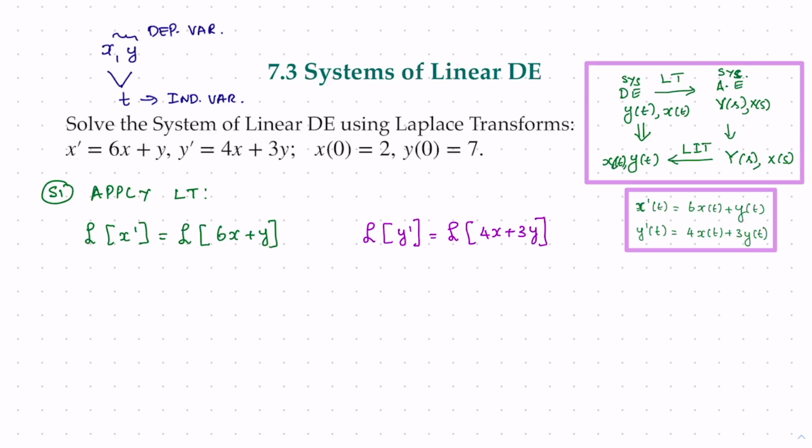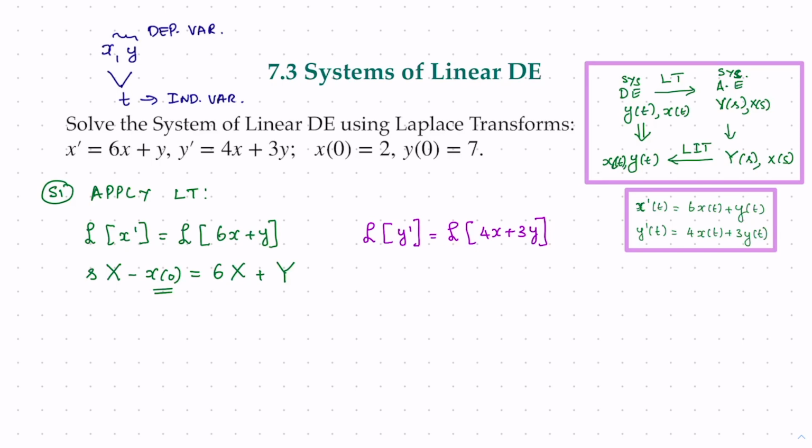If I apply the Laplace transform using the transforms of the derivatives, this would be s times the capital X minus x of 0, which is equal to 2. That is given as you see there. And then if I do the Laplace on the right hand side, this is going to be 6 times capital X plus capital Y. I'm going to keep all the x's and all the y's together.